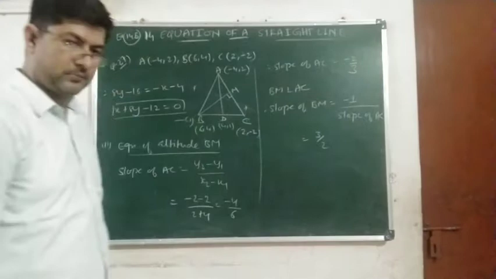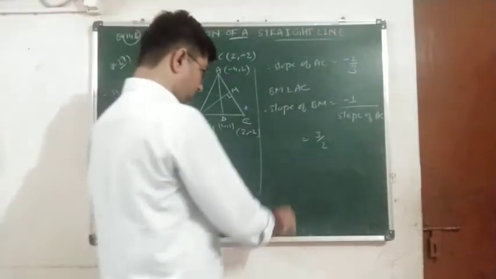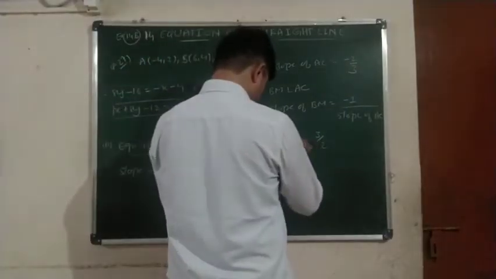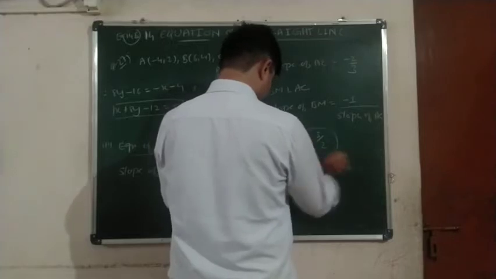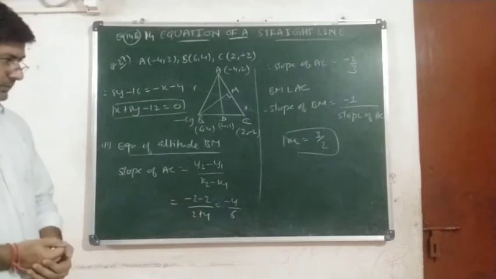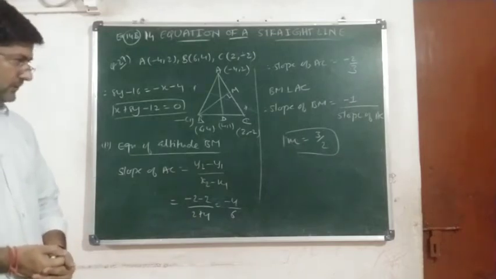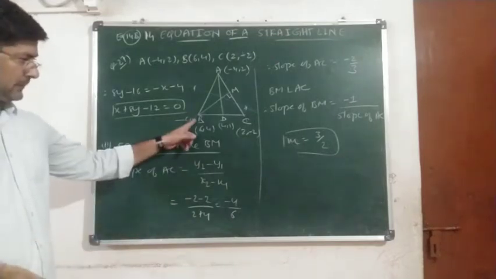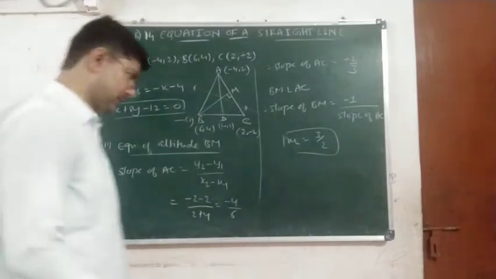Okay, negative reciprocal of AC. So we got the slope of BM to be 3 upon 2. Now we can form the equation of the altitude BM. BM is passing through point B and has slope 3 by 2.